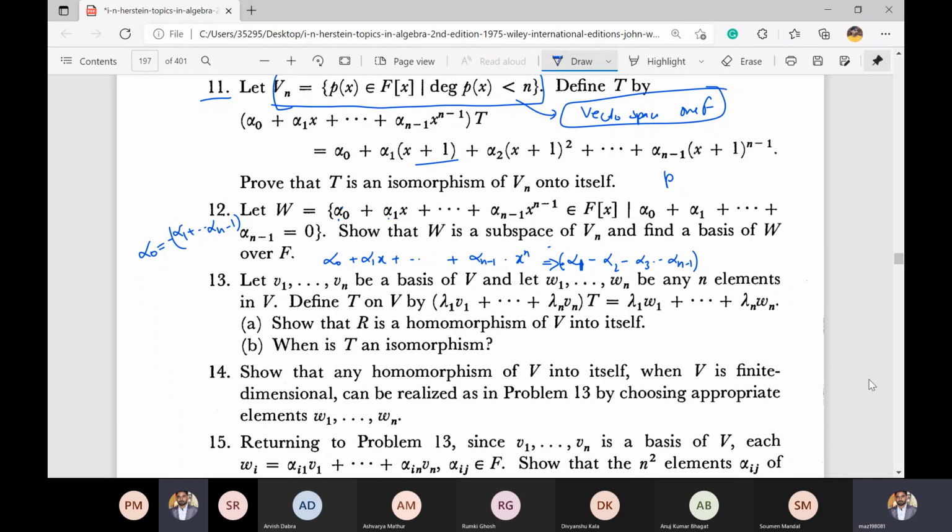Sorry, alpha 1, not alpha 0. We have written this in place of alpha 0, and all other terms are alpha 1 x up to alpha n minus 1 x to the power n minus 1. Is it correct up to here?